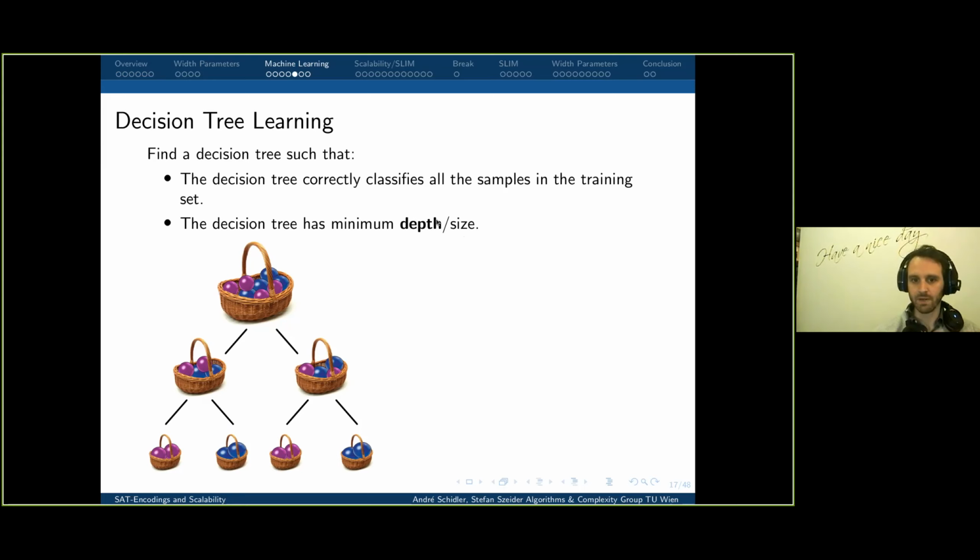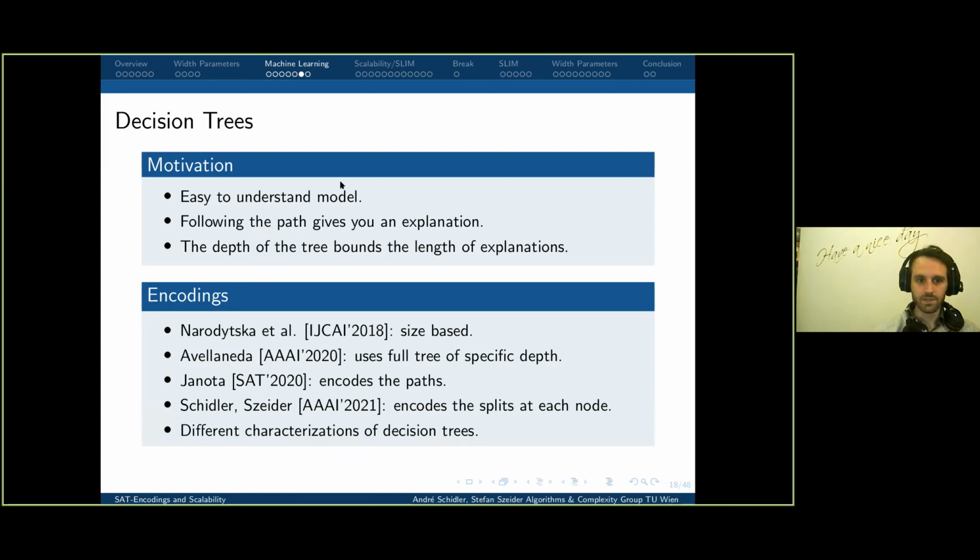And we focused on minimizing the depth for 2 reasons. First of all, it reduces the length of explanations, which is useful for understanding the model. And also from a practical standpoint, for some reason, it's easier to encode into SAT to minimize the depth than the size. So why use decision trees at all? It's an easy to understand model.